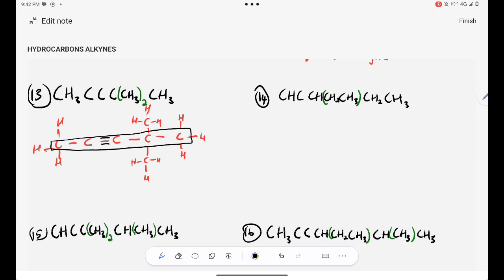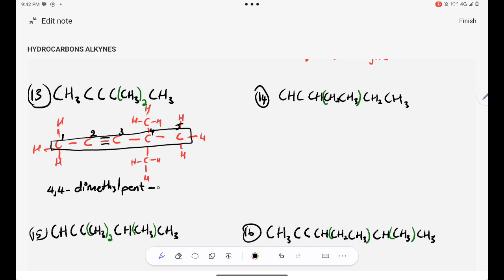whenever I number this thing, I should always number from the terminal which is closer to the triple bond. This will be 1, 2, 3, 4, and 5. At carbon number 4, I have my side chains all together, and then the parent chain has 5 carbons, so this needs to be pent.